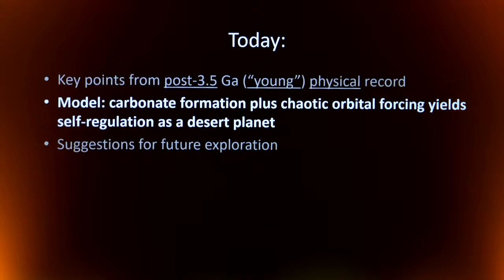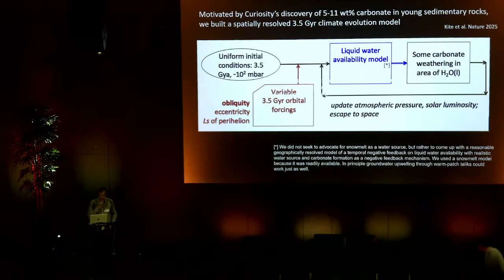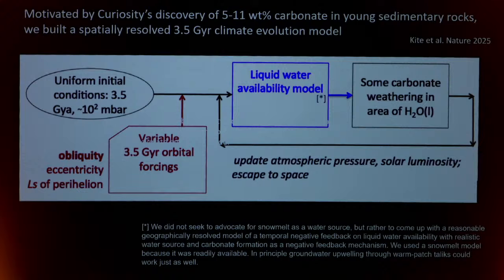What I'm going to suggest is that carbonate formation plus chaotic orbital forcing yields self-regulation as a desert planet. So in this study, we start with uniform initial conditions. About 3.5 billion years ago, we have about 100 millibars of carbon dioxide. We then use this to drive a liquid water availability model.